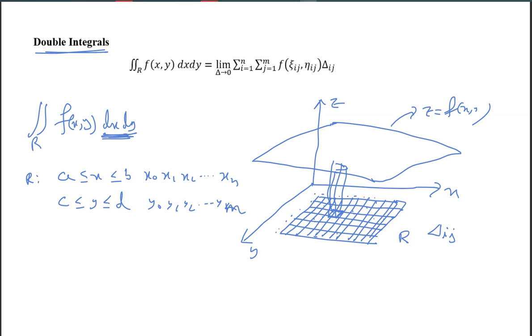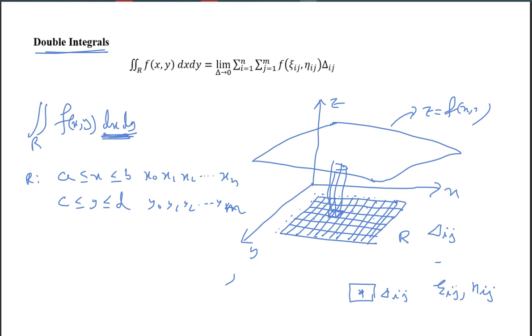Suppose this is your delta ij area, and there is a point here, which is xi ij, eta ij, and we are taking a projection on this f of xy.